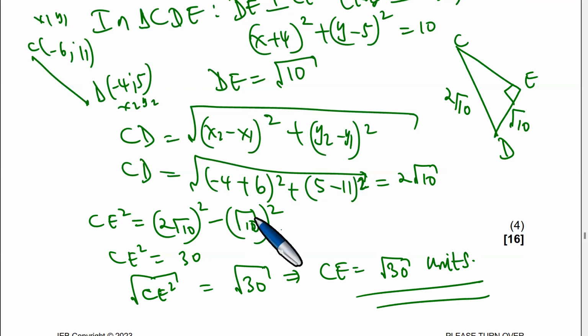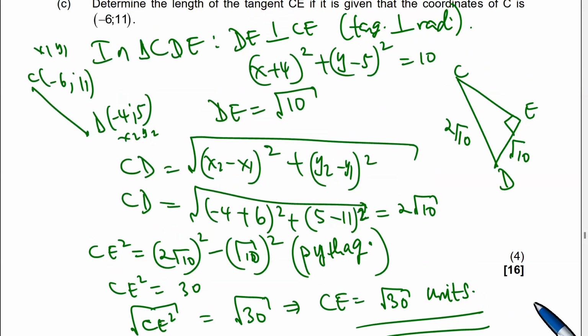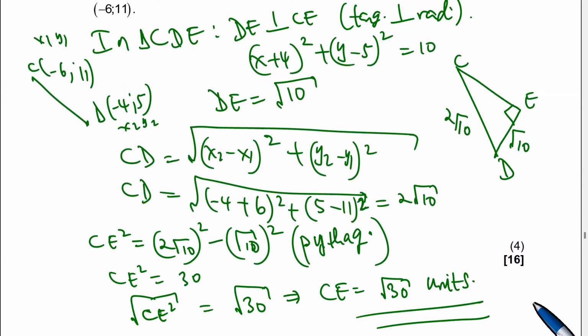Okay, so this is Pythag. We found CE. It is the square root of 30 units. Next question.